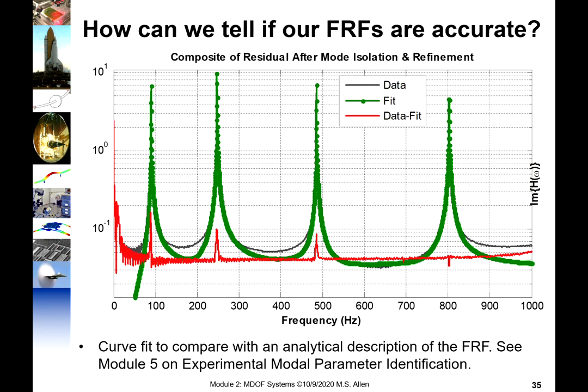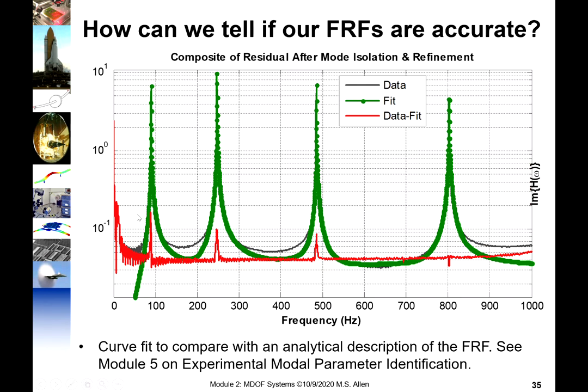Once we get an FRF, how do we tell if it's accurate? This just kind of takes experience. You learn to look at them and learn to see what to expect. One thing we can do, and that you will do in the next lab, is to take the measurement, the black is the measured FRF, and fit it to the analytical function for a linear system.